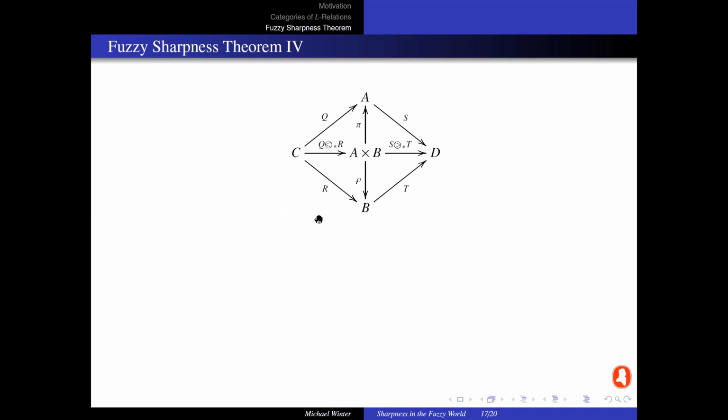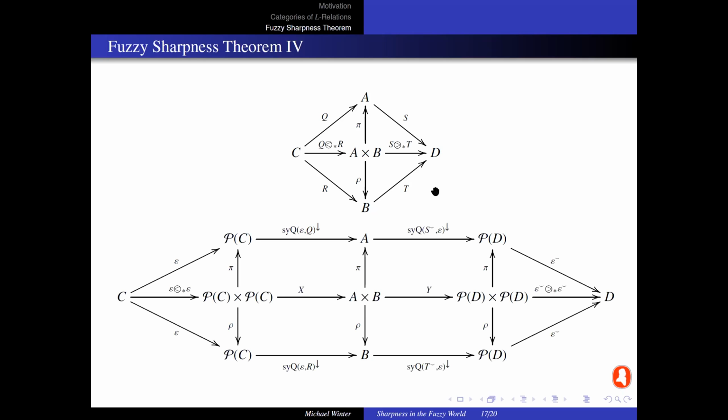And now you can do the general theorem by simply taking this diagram and replacing it by this more complicated diagram. The left-hand side collapses to the triangle, and the right-hand side collapses to that triangle because of that theorem. And now in the middle you have just crisp relations, meaning you have an original sharpness problem in the middle.